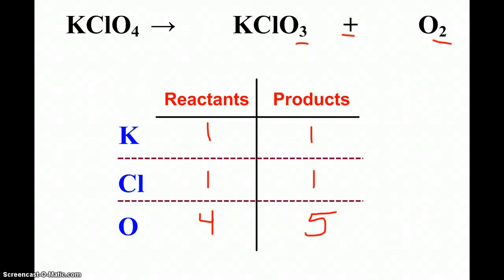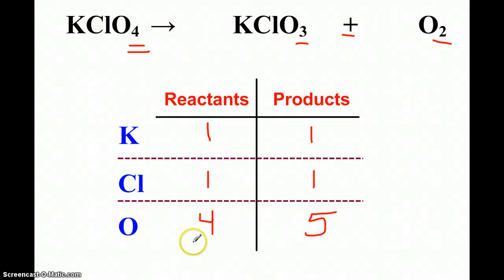So there's where our imbalance is. One thing I noticed about this reaction is I can only put oxygens in packages of 4. So coming out on the product side, I must have 4 oxygens, or 8, or 12, or some multiple of 4.